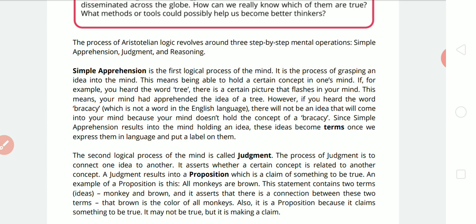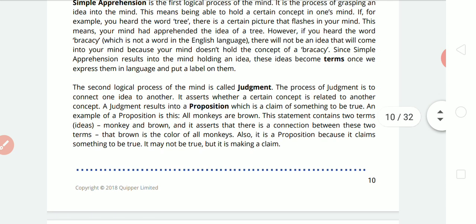And it asserts that there is a connection between these two terms because by just reading the statement that all monkeys are brown, of course, we can generate that both of these terms are actually connected with each other. So that means that brown is the color of all monkeys. Also, it is a proposition because it claims something to be true.